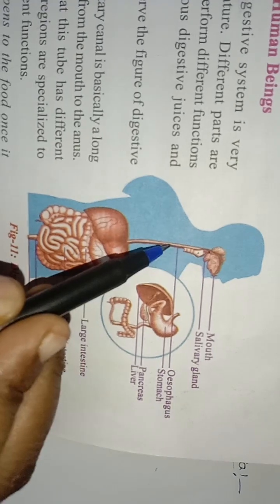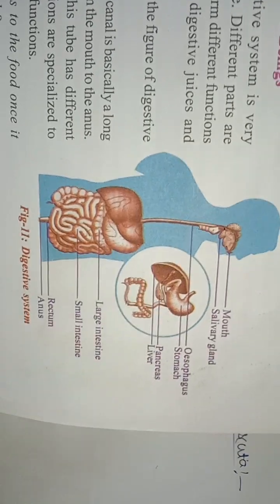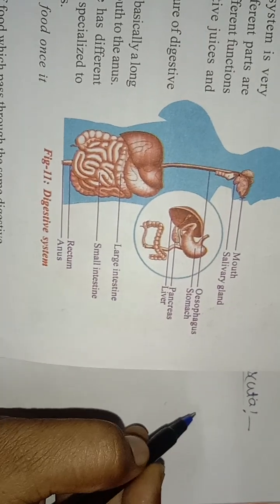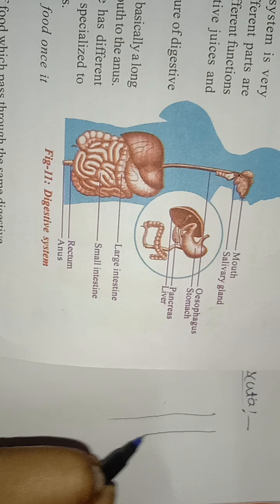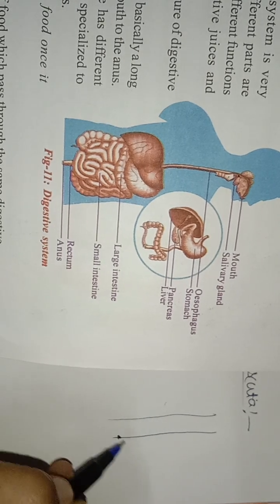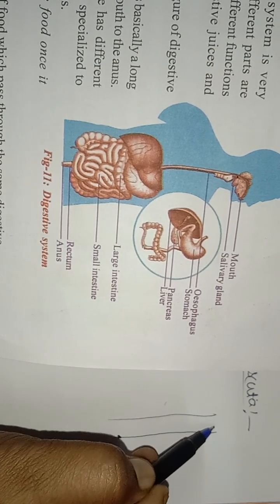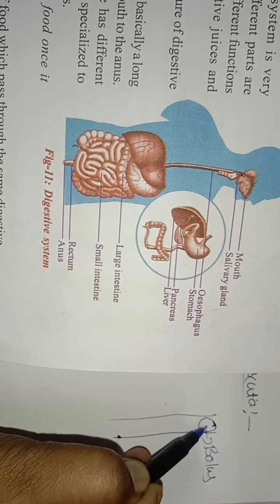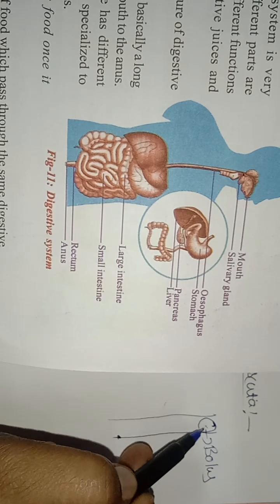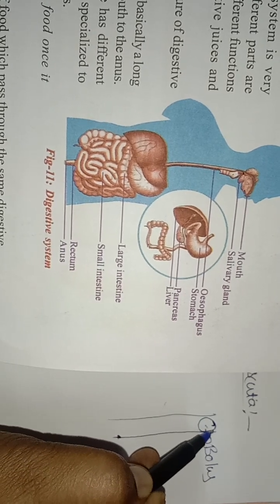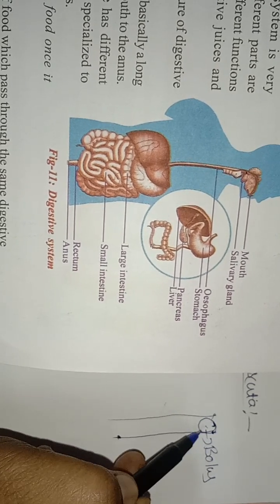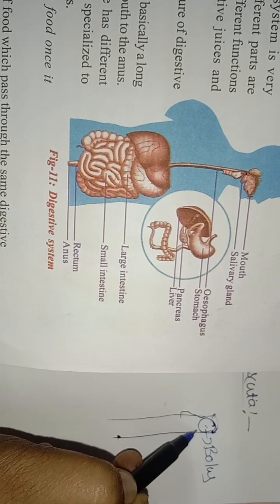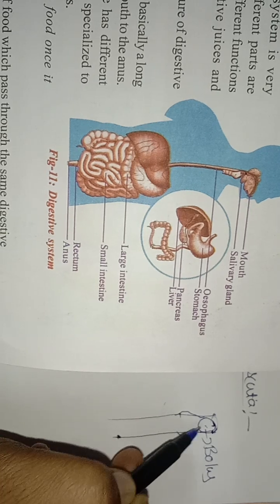So here we have peristalsis movement. Suppose this is your food pipe. Whenever food, or bolus, enters, this is called bolus, right? When the bolus reaches the esophagus, the muscles of the food pipe contract here, then widen down here.